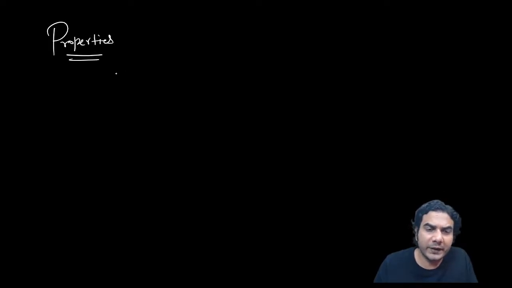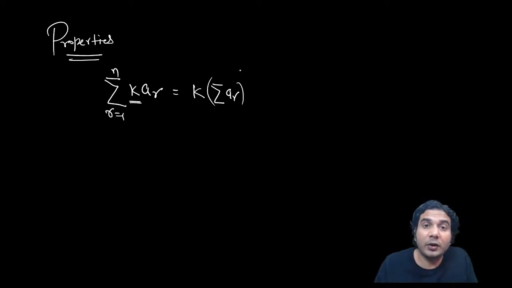Now let me tell you the properties of sigma. The first, very basic property is, if you have sigma of some constant k into ar, r from 1 to n, or whatever the limits are, it doesn't matter, you can take this k outside the summation: k sigma ar. Like you can take k common from a series. Let me expand it here.